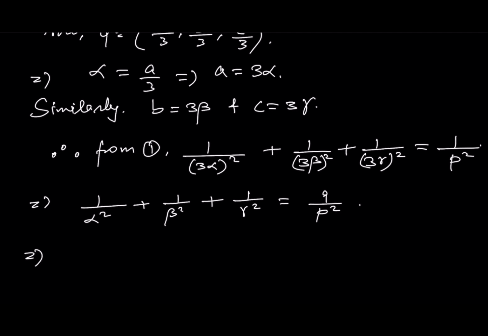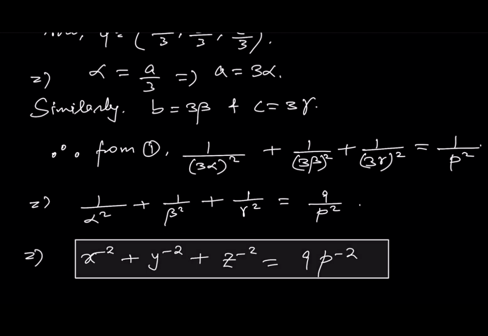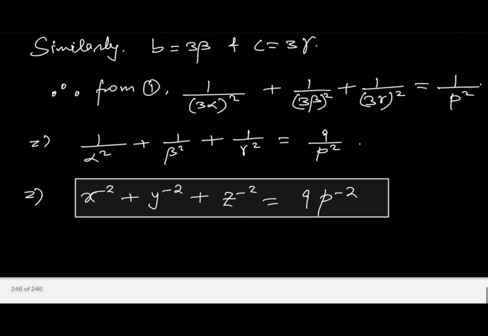Or if I replace alpha, beta and gamma with x, y and z, then it will become x to the power minus 2 plus y to the power minus 2 plus z to the power minus 2 is equal to 9 times p to the power minus 2. Okay, this is the locus of the centroid of triangle ABC.